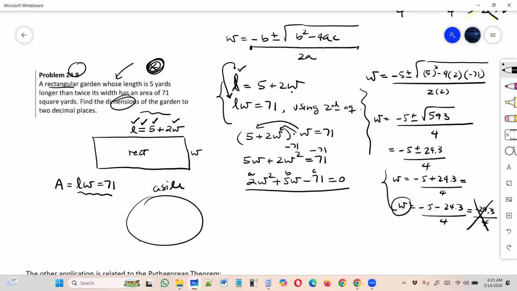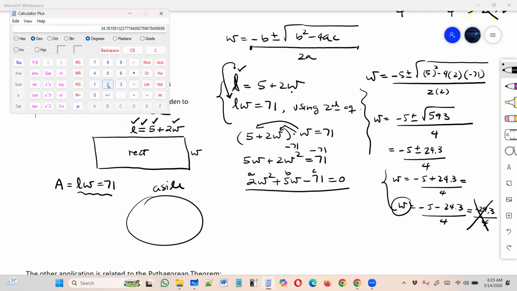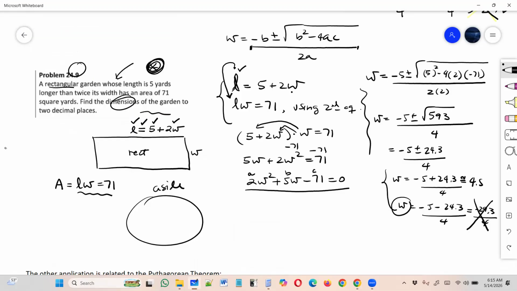So the only possible solution for width is the 24.3 minus 5 divided by 4. Let's say 4.8 approximately, okay? 4.8.